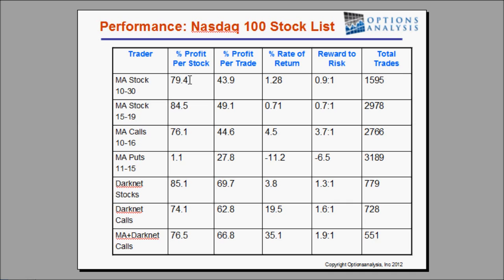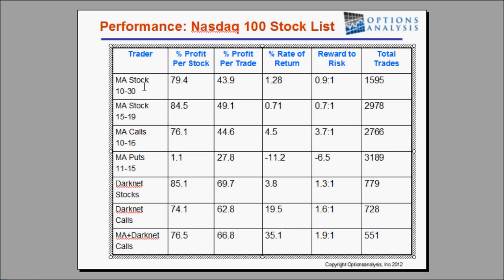I'm going to focus here on the percent profitable per stock, 79%. We optimized it to 15/19. You can see that we get a better number, 84%. When we move down to calls, the percent profitable per stock drops, but we get an improvement in our rate of return and our reward to risk ratio.